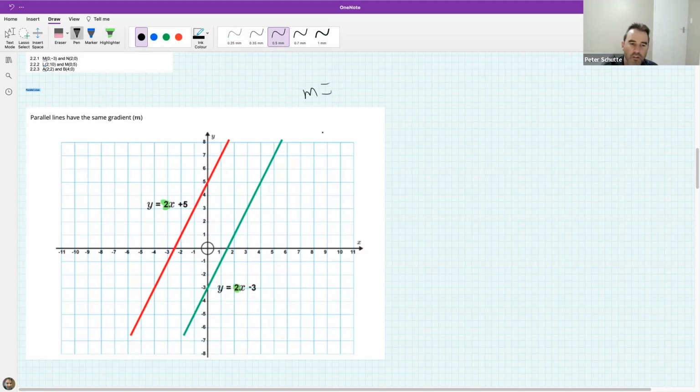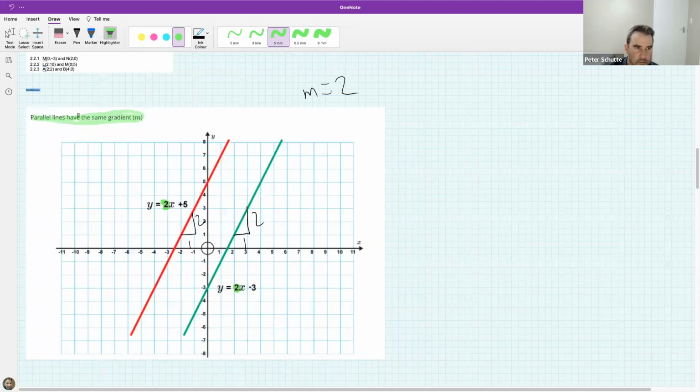Yep. So because when lines have the same gradient, they will be parallel. And in this case, you can actually see it in the formula. The other way you could have done it is just by looking on the graph too. You can see that you go across by 1 and up by 2. The same thing here, but you're spot on. So the gradient is 2, and parallel lines have the same gradient.